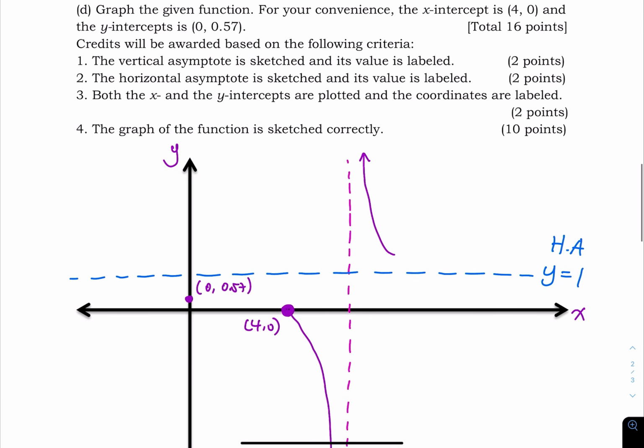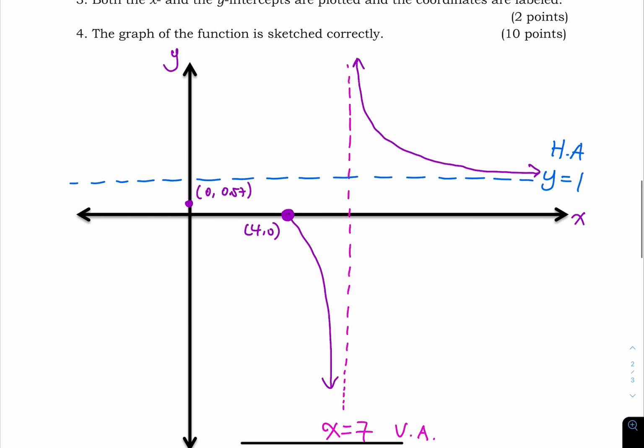Okay, y equals 1, then that will be this. Let me just do this one more time. That will be this. So the curve is so close to y equals 1, but will never touch y equals 1. How about the going up and down?